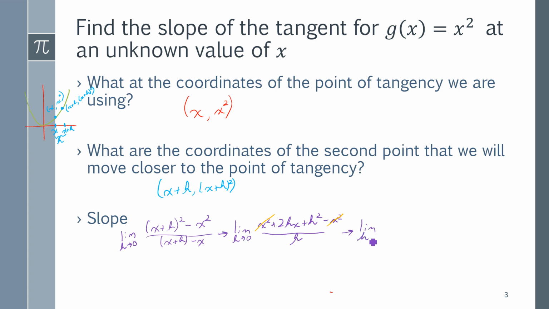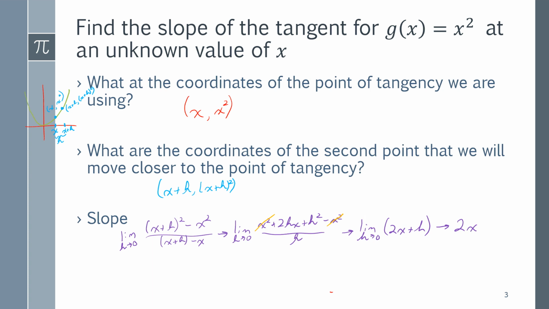So I'm left with the limit as h approaches 0 of 2x plus h. I can now try substitution again. According to the limit, h is the only thing that's getting changed. So I can think of x as a constant, although a constant variable sounds weird. But h is the only thing I can plug 0 into. So if I plug 0 into h, I get that this is 2x.